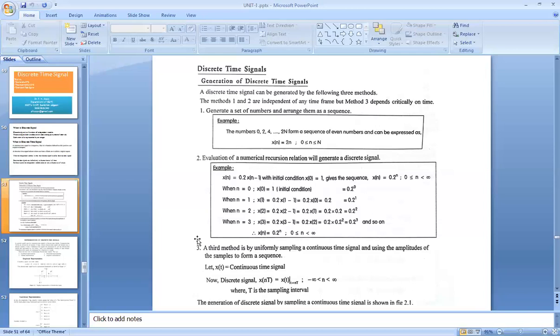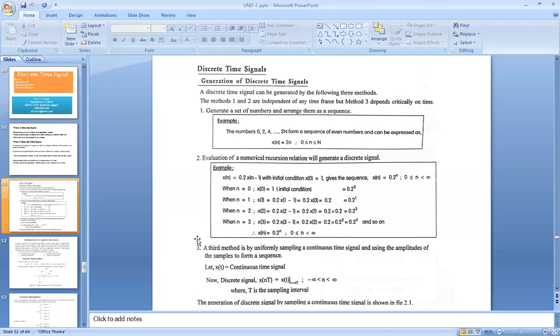Now, the second method: evaluation of a number, related to recursion, will generate a discrete time signal. Here the expression x of n is equal to 0.2 raised to n is defined. From this expression you can find out the values of the sequence.